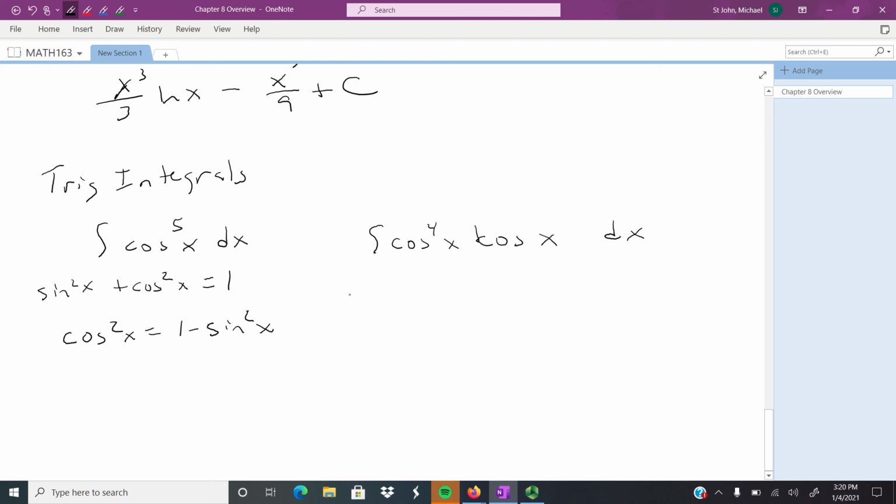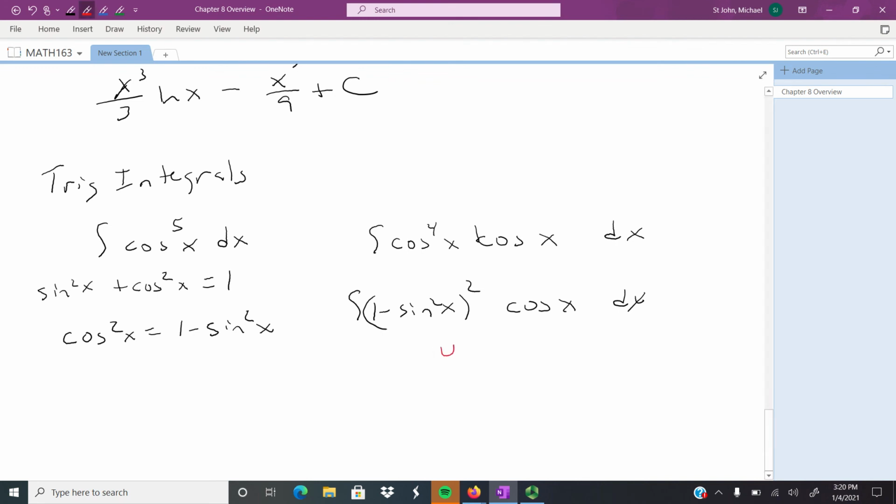And then we get the integral. This will be 1 minus sine squared x, squared, times cosine x dx. And actually let's do this in a different color. So now we can do substitution.